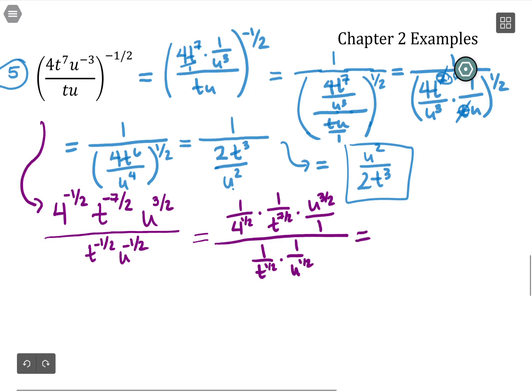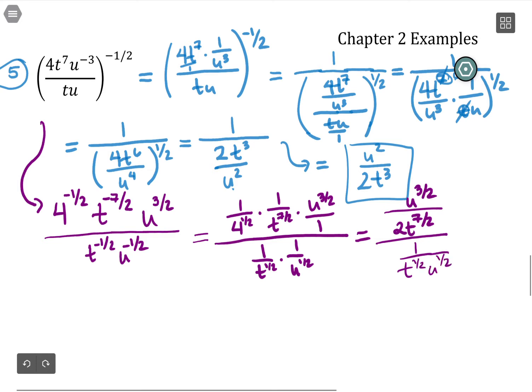Okay, so multiplying straight across, 4 to the 1/2 is 2, so I have in the bottom of the numerator 2 times t to the 7/2, and on the top I have u to the 3/2. And then in the denominator I have 1 over t to the 1/2, u to the 1/2.